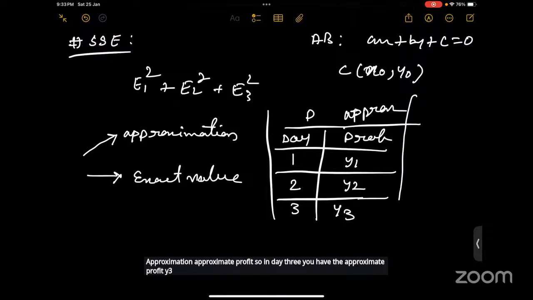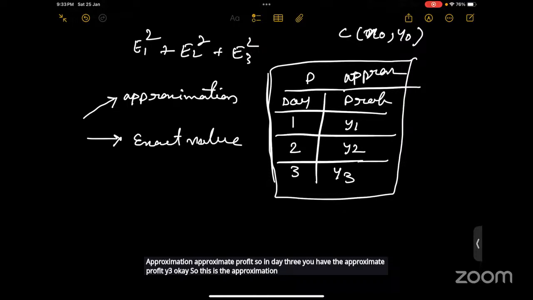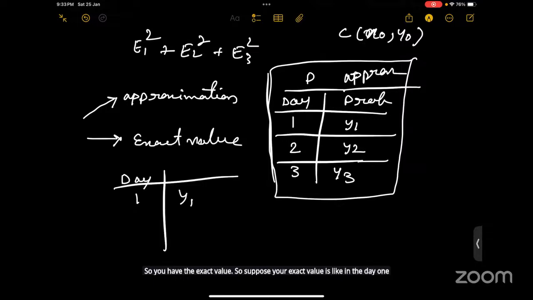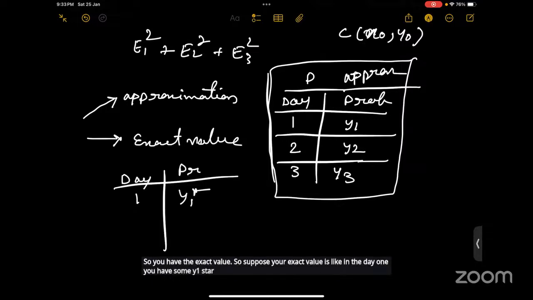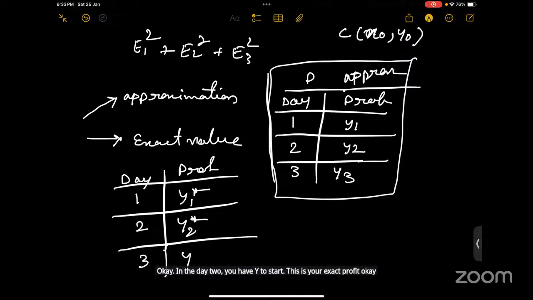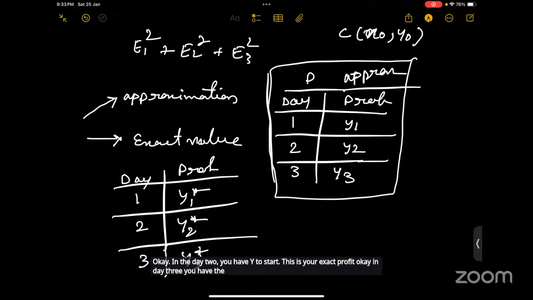So this is the approximation table. Then you can have the exact value. At the end of the day, you can calculate the profit and collect the actual data. So in day 1, you have some y1 star, your exact profit. In day 2, you have y2 star. In day 3, you have y3 star.